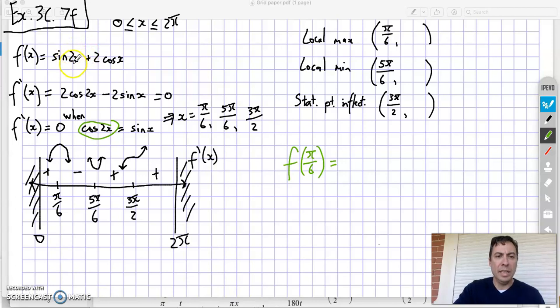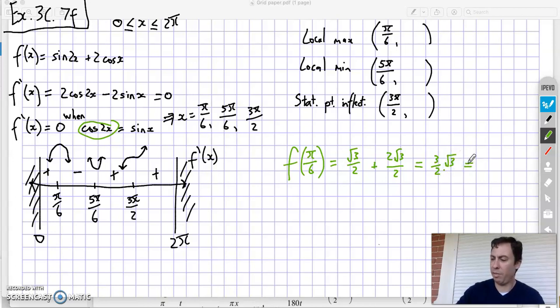Well, sine of 2 times pi on 6 is root 3 on 2. And we've got 2 times cos pi on 6. Cos pi on 6 is also root 3 on 2, but we've got 2 of them. That's 2 root 3 on 2. So that will give us 3 root 3's on 2, or 1.5 times root 3.